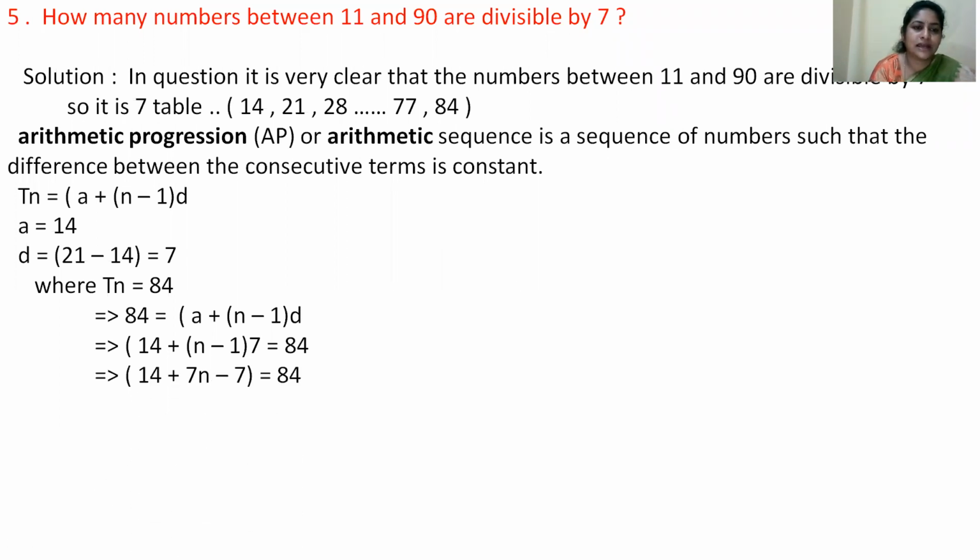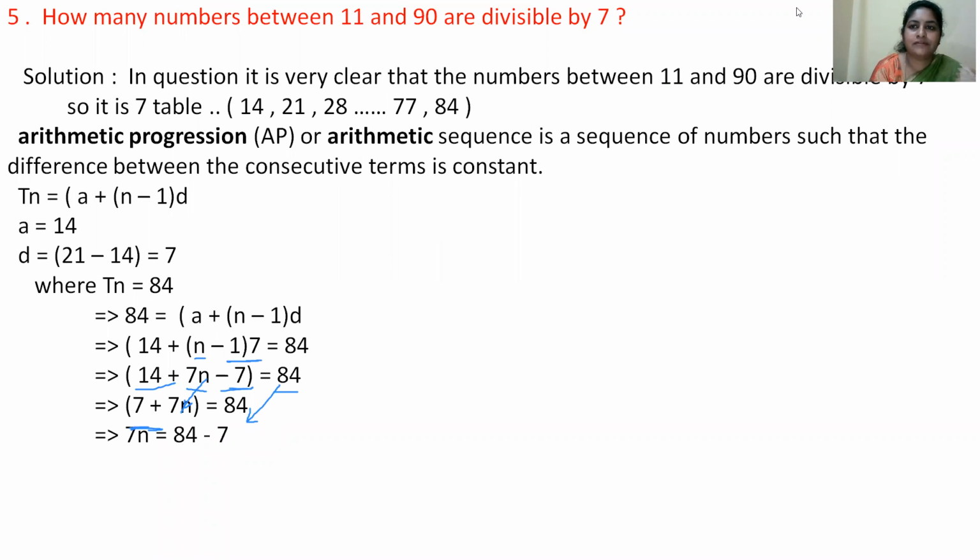Now we write 14 plus 7n, since n into 7 minus 1 into 7 is 7. 14 minus 7 will become plus 7, so plus 7n equals 84.